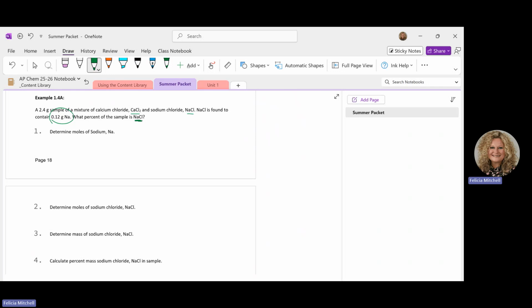Well, we know that we can compare the amount of sodium versus the whole compound sodium chloride. Okay, we've already kind of done that today. Let's start. 0.12 grams of Na. Well, we know that if we're going to do stoichiometry or mole-to-mole ratios, I've got to be in moles. So I'm going to molar mass that, 22.99 grams in 1 mole, periodic table, and you're going to get 0.00522 moles of sodium.